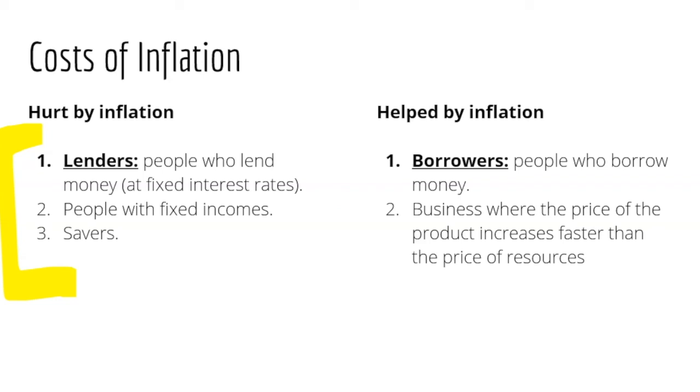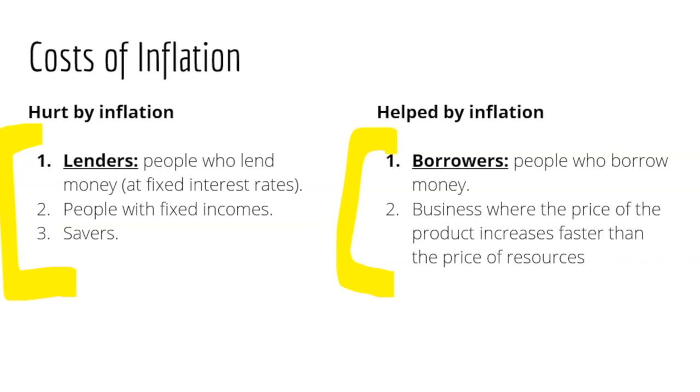People with fixed incomes, people's incomes that do not change based on inflation, are also hurt because your income is going to buy less and less with inflation. And lastly, savers. If you just save your money, you are also going to be hurt by inflation. On the flip side, borrowers, people who borrow money, yet again at fixed interest rates, are helped by inflation because they're paying back their loans with technically less dollars.